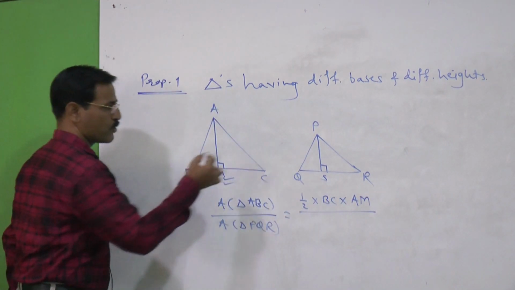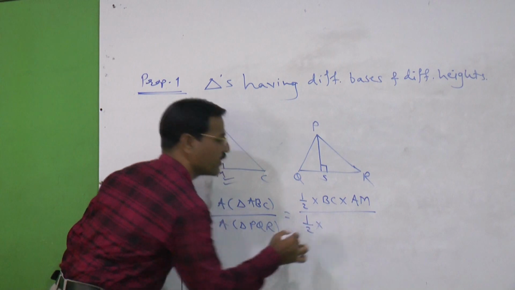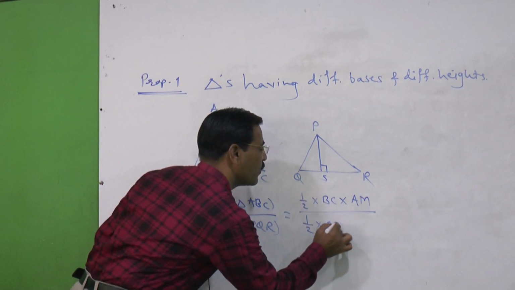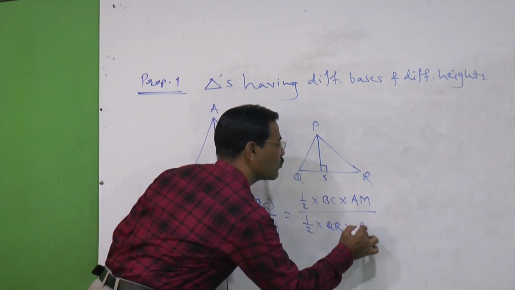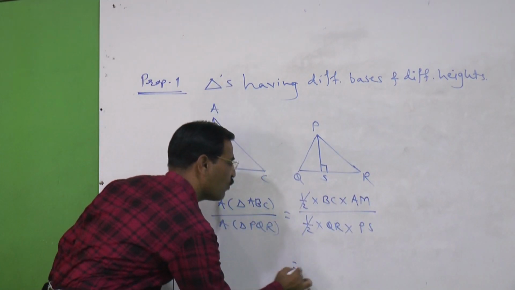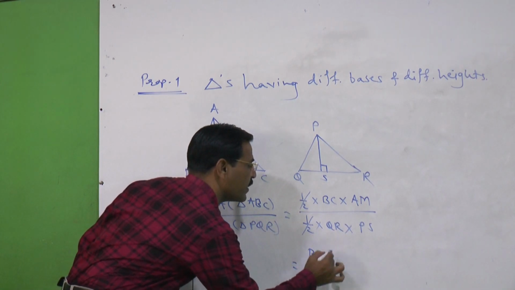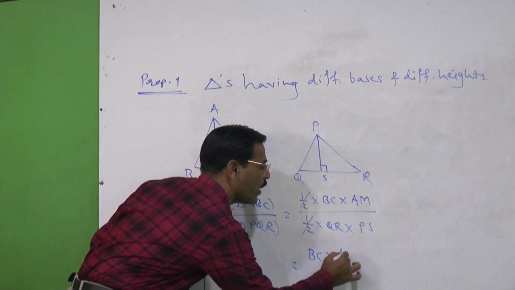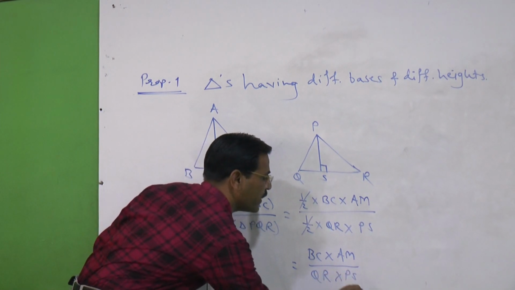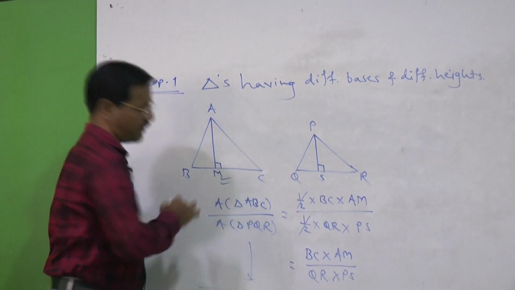Now here also, half into base into height: half into base, which is QR, and height is PS. Now this half gets cancelled, and what we get is nothing but BC into AM upon QR into PS. Like this, we will get this.